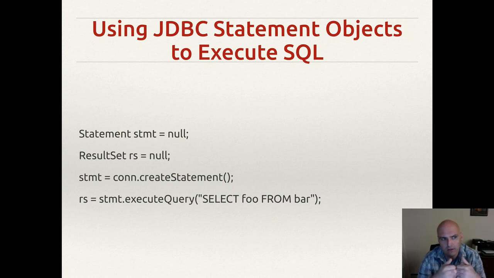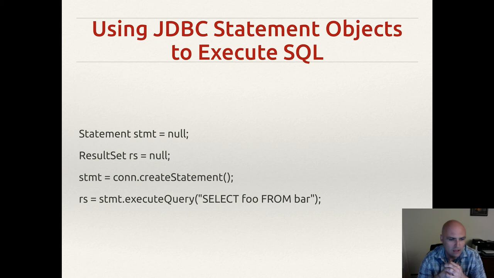So when the CLI actually gets the data back from the database, it will put it into this result set, and it will give my code the result set. So the way I work with this is I take that connection that we just created on the last slide, that's the conn there, and I use a method on it called createStatement to create an empty statement.